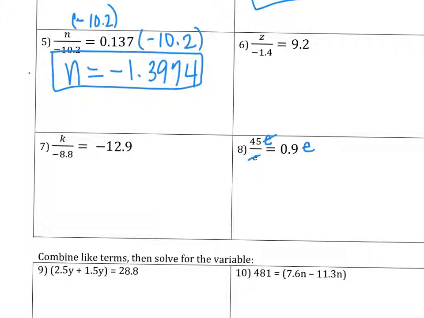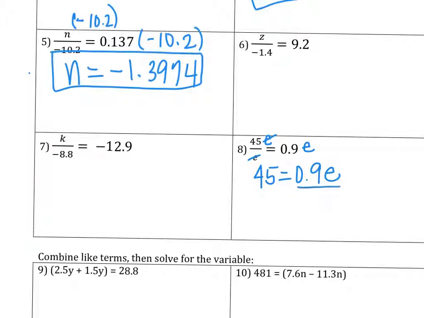So when we do that, these two cancel out, and so now we just get 45 equals 0.9e. Now we have our variable in our numerator, and we just have a regular equation. Now we know what to do with it.